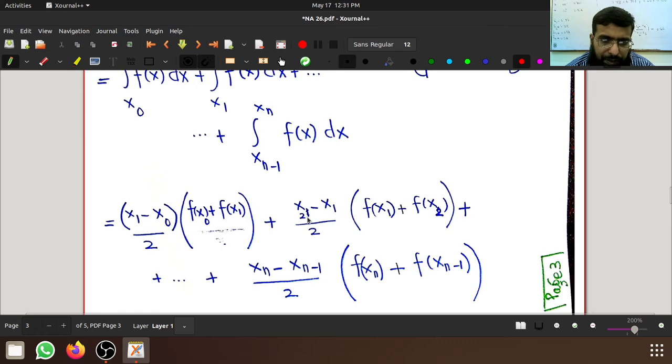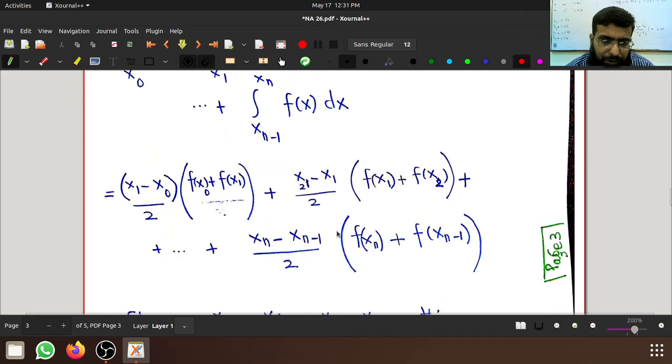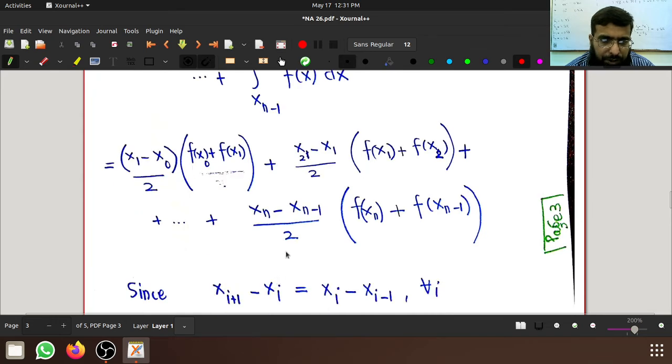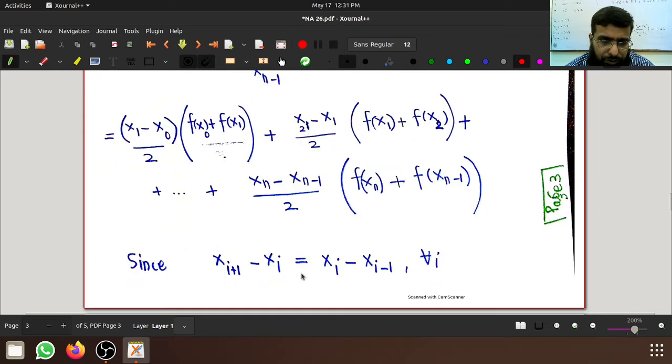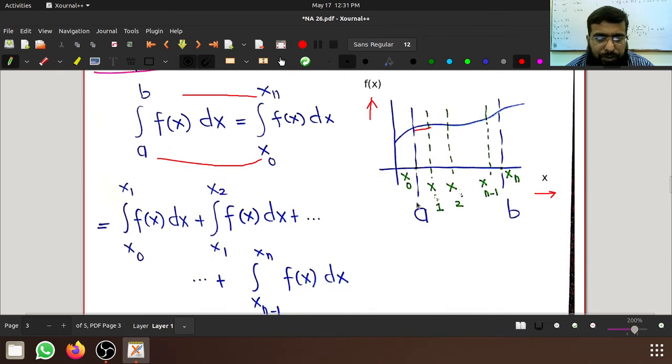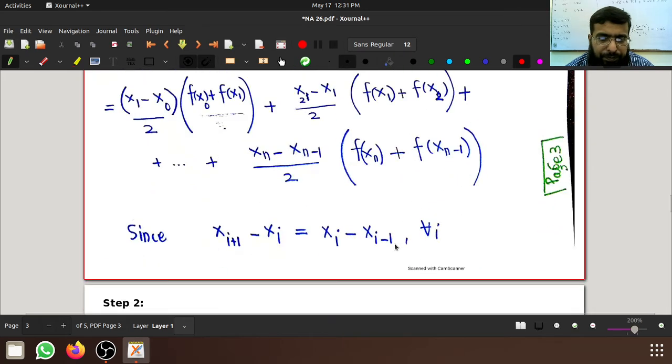And we'll keep on doing this for all these integrals, and finally we reach here. And since we have assumed the intervals to be of the same width for all i's, xi plus 1 minus xi is the same as xi minus xi minus 1 for all i's. So interval widths are the same.